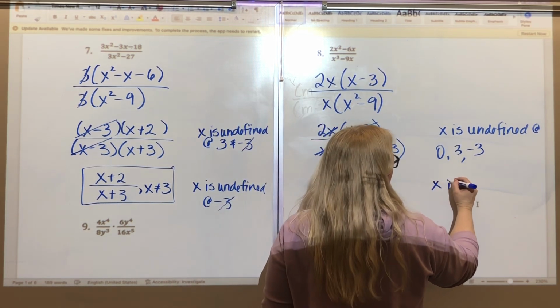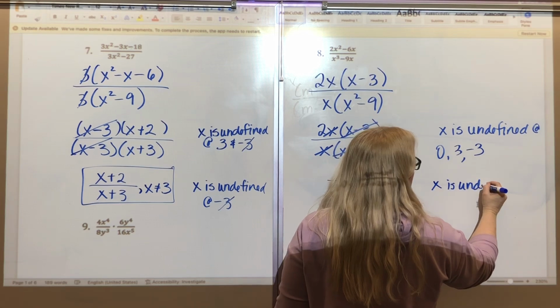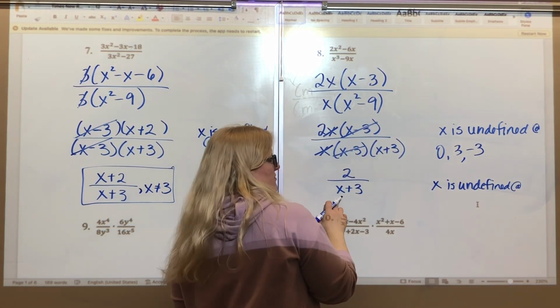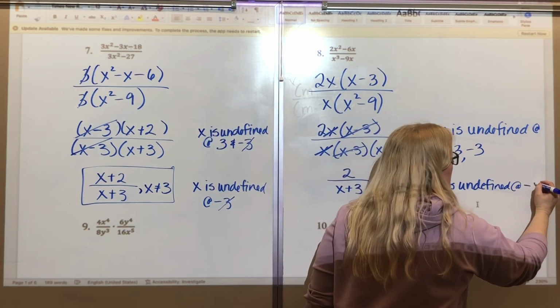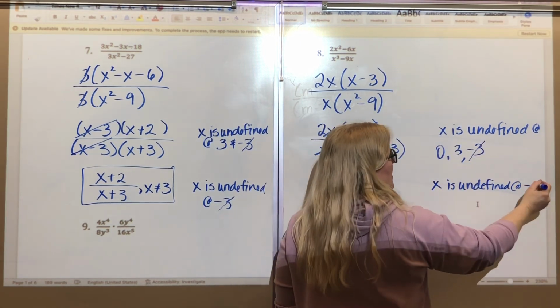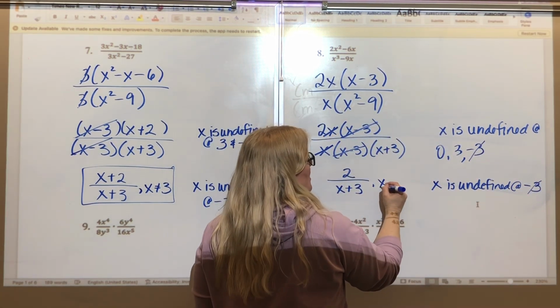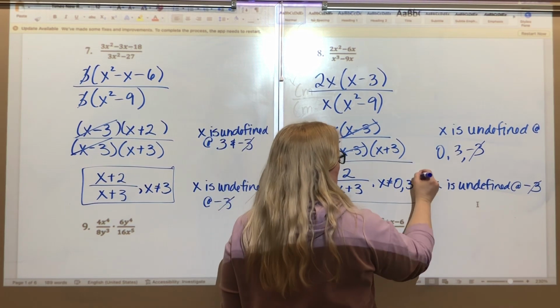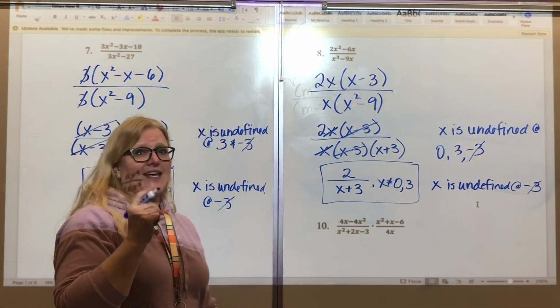X is undefined at -3. Okay, so they're equivalent at -3, so x cannot be 0 or 3. All right, we'll go on to number 9 in the next video.